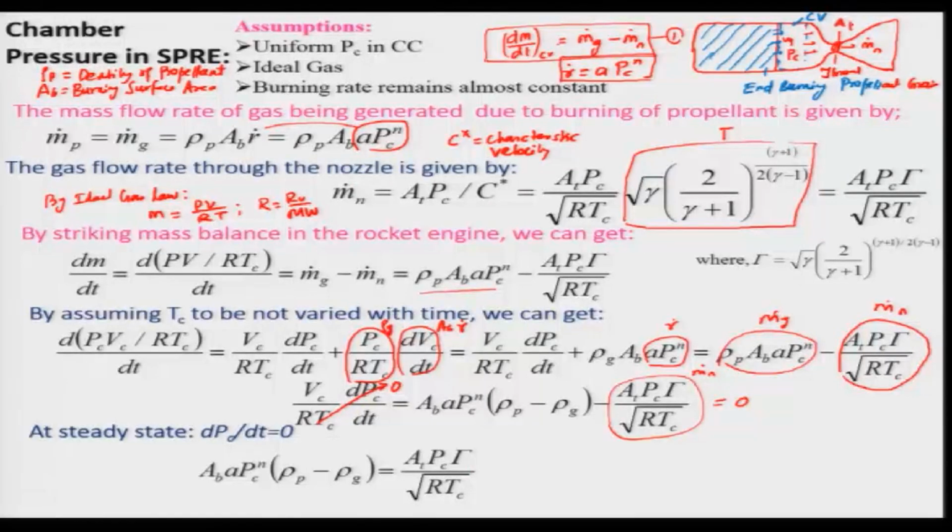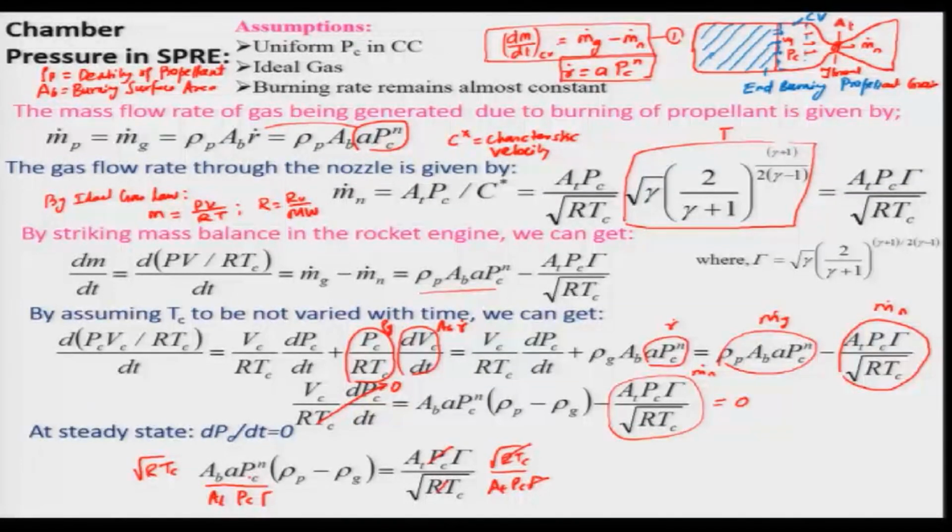Now, if I divide that by A_T P_C gamma and root over R T_C, you will get this equal to 1, and root over R T_C by A_T P_C gamma, so this will be canceled out, and that will be 1.